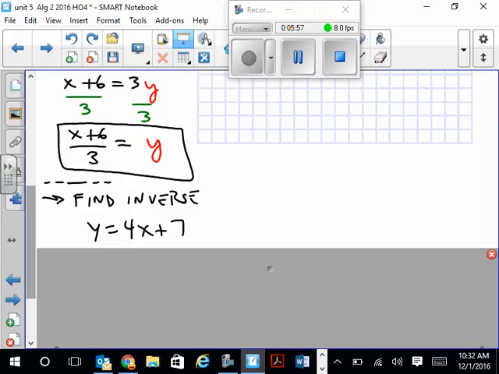So again, on page 22, C, number 30, change the d of x to the letter y.